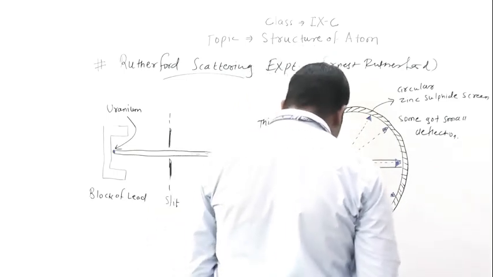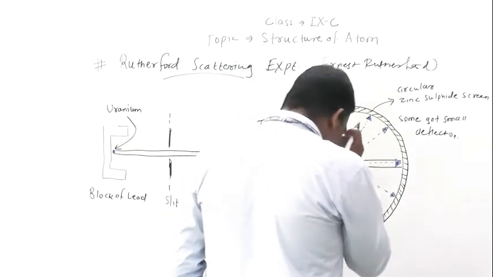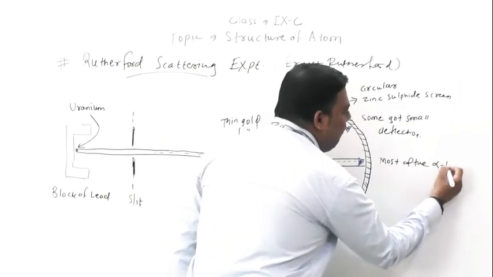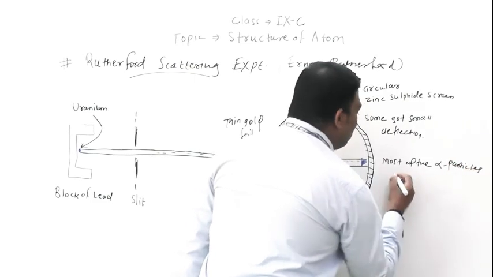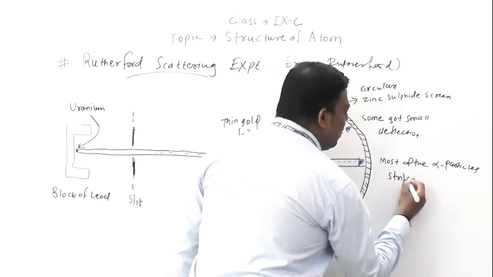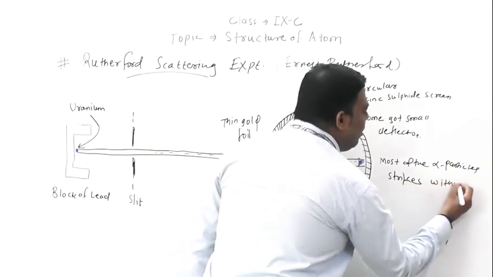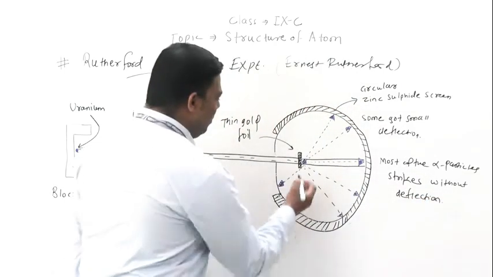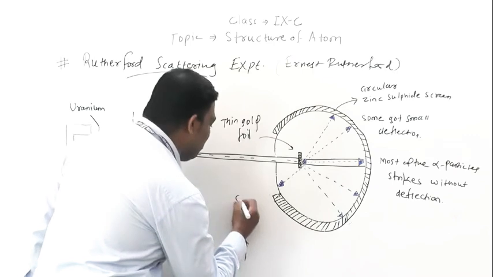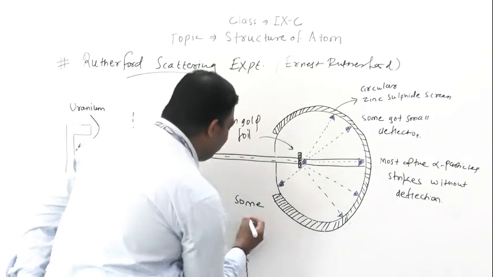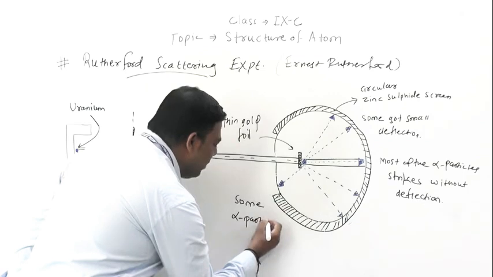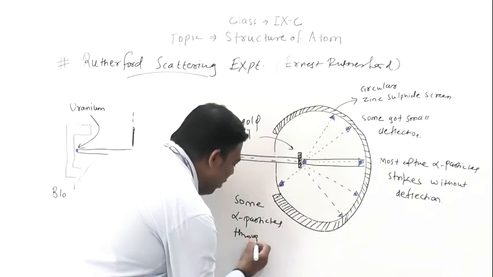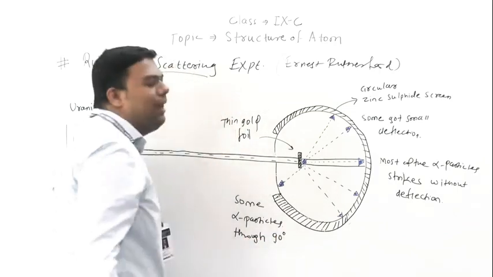So how can you say this? Most of the alpha particles strike without deflection, and some alpha particles got deflected through a 90-degree angle.